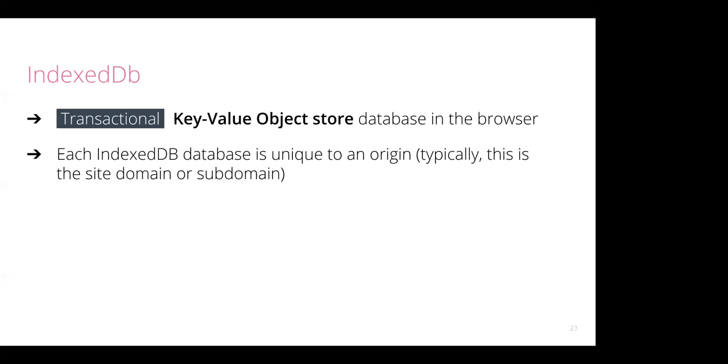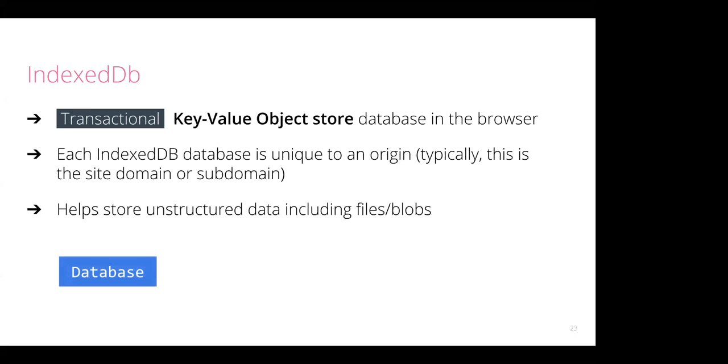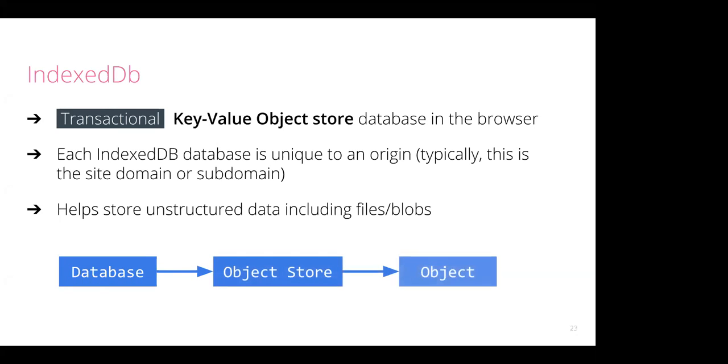You have IndexedDB for your whole application. It can store the unstructured as well as structured data for your files, blobs, anything. It's as simple as having a database, which is having an object store, and that object store again will be storing the key values. And in simple world, an object.